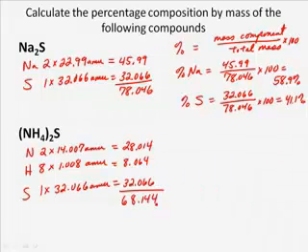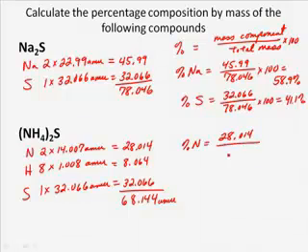68.144 is my total mass, and then we're going to say percent nitrogen then would be all of the nitrogens divided by the total times 100, and so that's going to give me 41.1%.